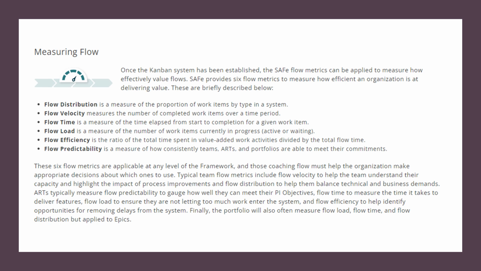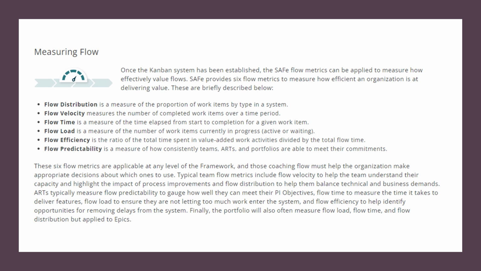The fourth metric is flow load, a measure of the number of work items currently in progress, either active or waiting. The fifth metric is flow efficiency. It is the ratio of total time spent in value-added activities divided by the total flow time. The final metric is flow predictability, which is a measure of how consistently teams, ARTs, and portfolios are able to meet their commitments.